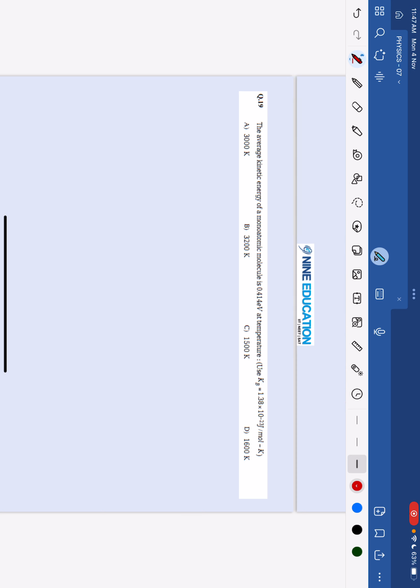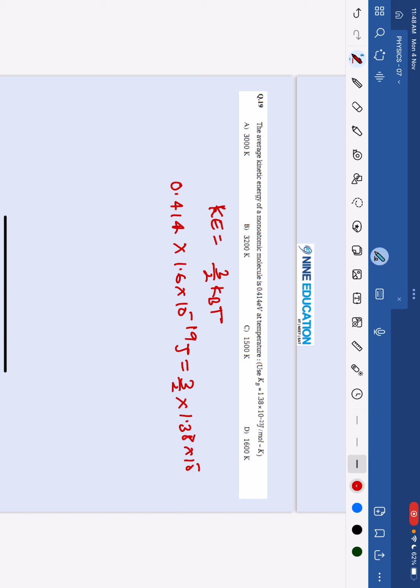Next one, the average kinetic energy of a monatomic molecule. Oh, big numbers. Alright. So what is the average kinetic energy we have? Kinetic energy for a molecule is given as 3 by 2 kT. They have given us 0.414 electron volts. First convert it into joules, so this will be 0.414 times 1.6 times 10 to the power minus 19, equals 3 by 2 into 1.38 into 10 to the power minus 23 into T. Looks like a big number.